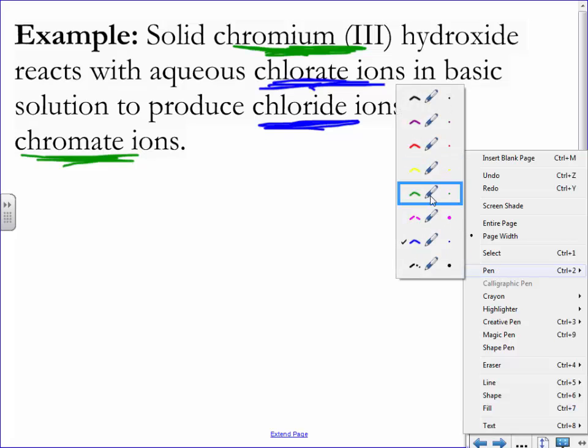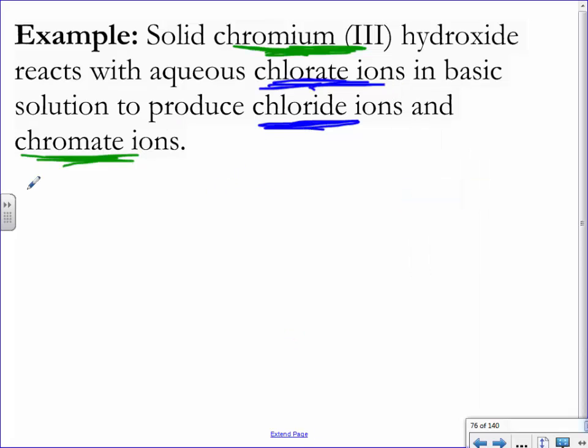And I'm going to do my best to try to keep these simultaneously side by side. So I'm going to do Cr3+. That's my chromium. And I'm going to turn it into chromate, which is CrO4 negative. I use chromate a lot. Is it 2 negative or 1 negative? 2 negative?